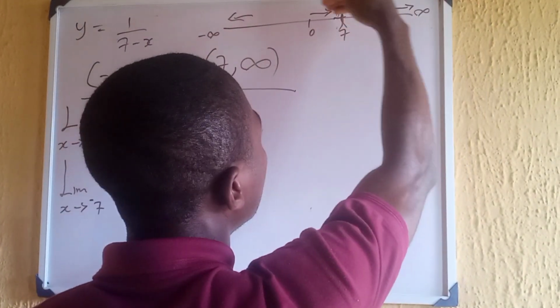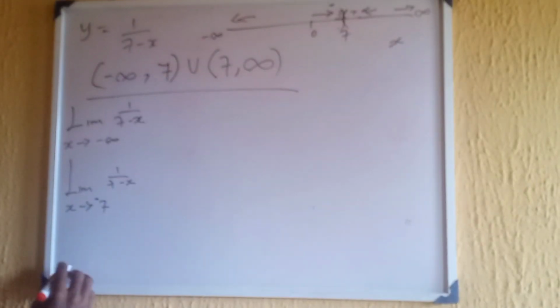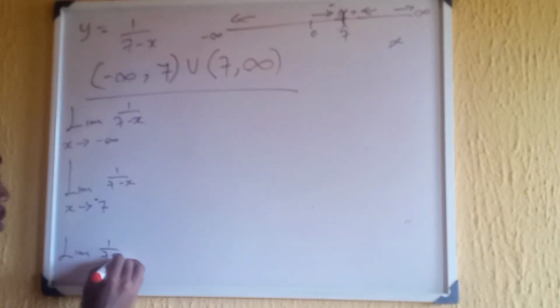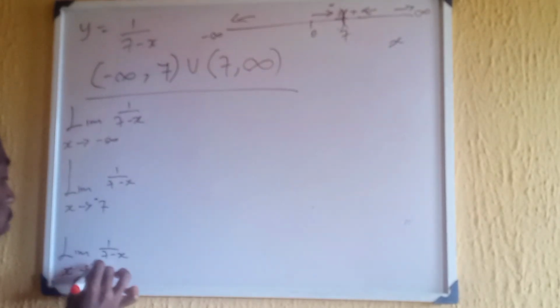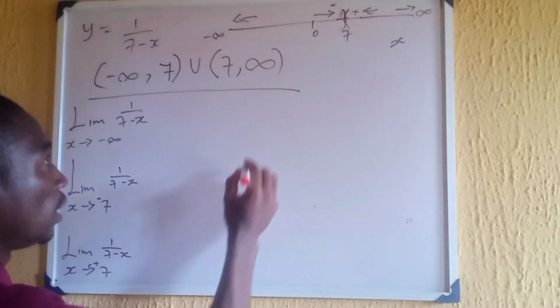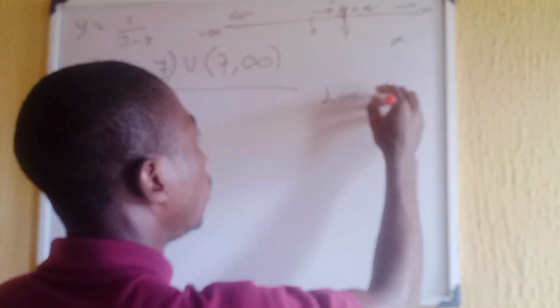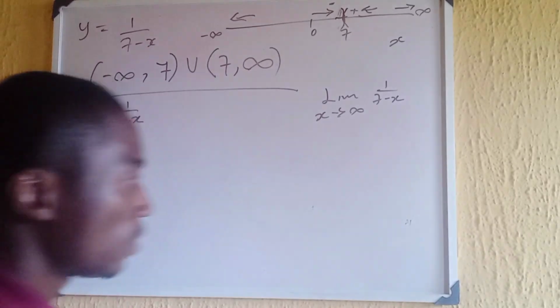Then x tending from this side, x tending towards infinity. So the next one is limit of 1 over 7 minus x as x tends to 7 from the positive side. And the last one, limit of 1 over 7 minus x as x tends to infinity.